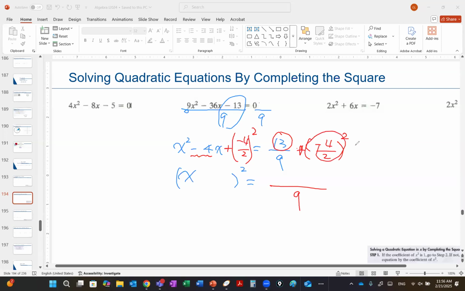So here is 4, right? Actually, here is 4, right? So here 13 plus 36. 49. Yeah, here equals 9, 36. So 13 plus 36 is 49. Is it correct? All right.